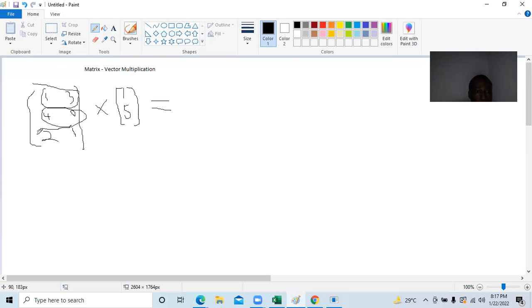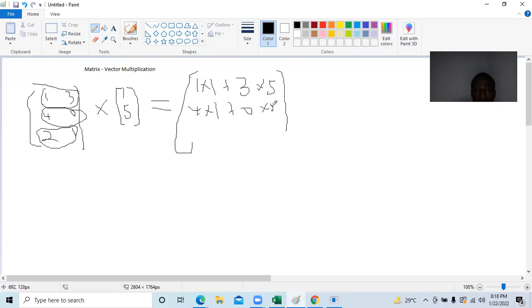Then we take what is in the third plane and multiply it by 1 and 5. So this is going to give us 1 times 1 plus 3 times 5. Then 4 times 1 plus 0 times 5.